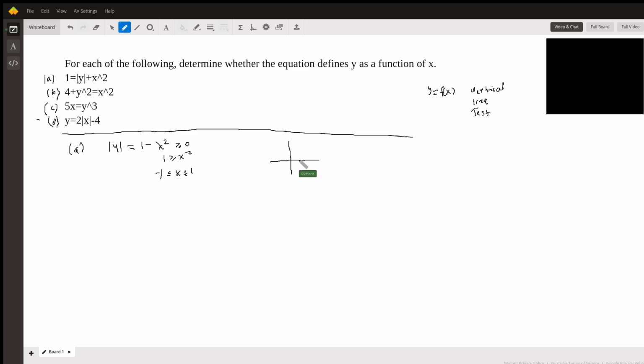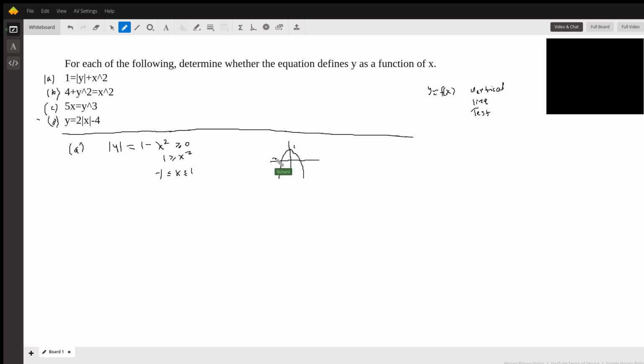So there's a restriction on the domain, but in terms of the graph here, this is a parabola opening down, and it's going to look like this. When x is 0, y is 1.